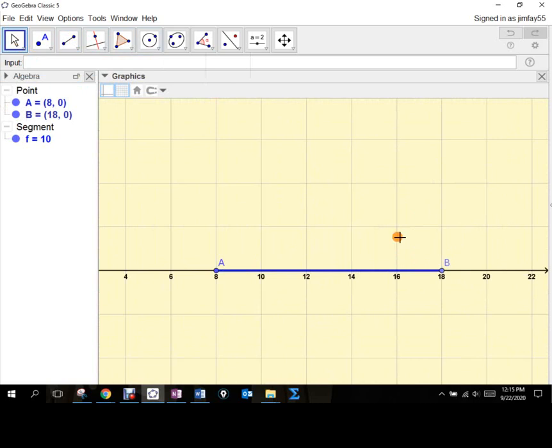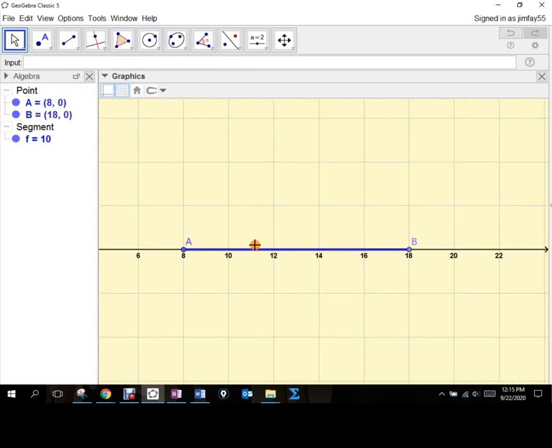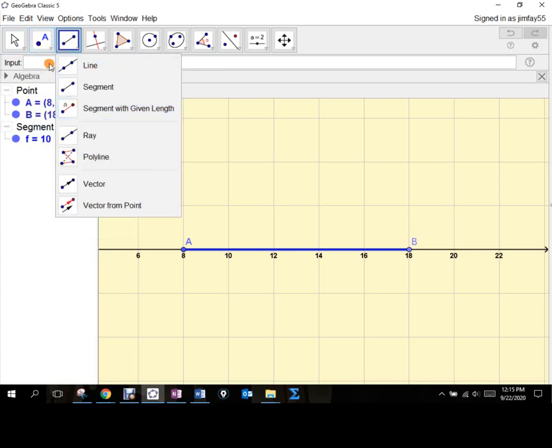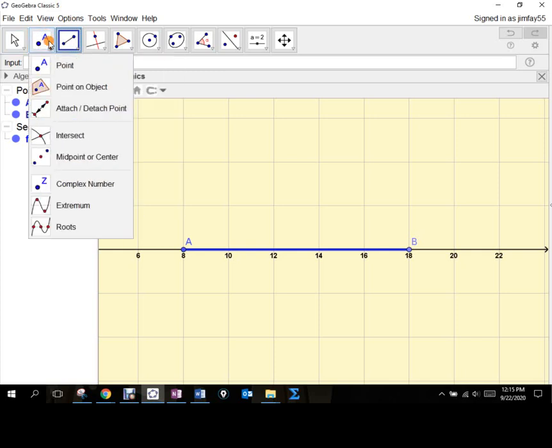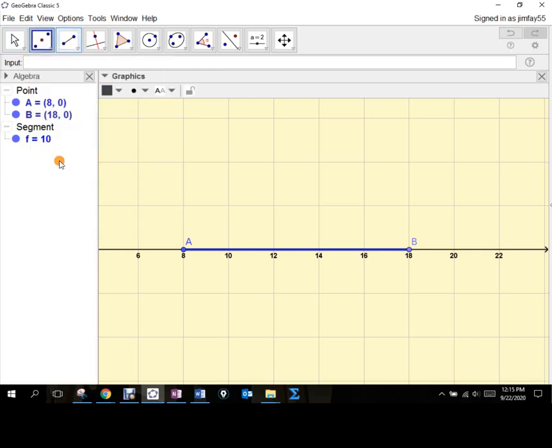And I want to find what the midpoint of that is, okay? So one's at 18, one's at 8. If we add those together, what do you get? 26, and now divide by 2, you get 13, right?